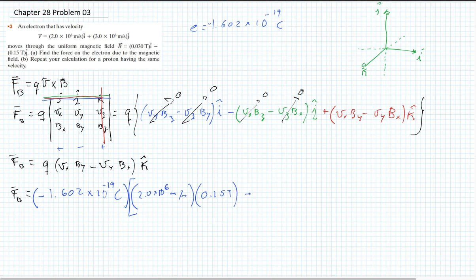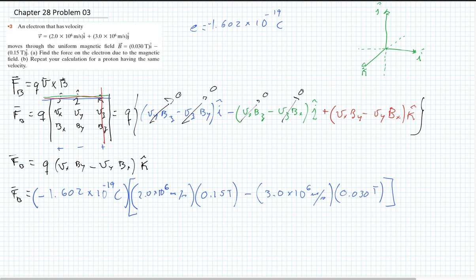And minus Vy, so it's going to be 3.0 times 10 to the 6 meters per second, sorry, and multiplying by Bx. Bx is going to be 0.030 Tesla. Is that right? Yes. Okay.